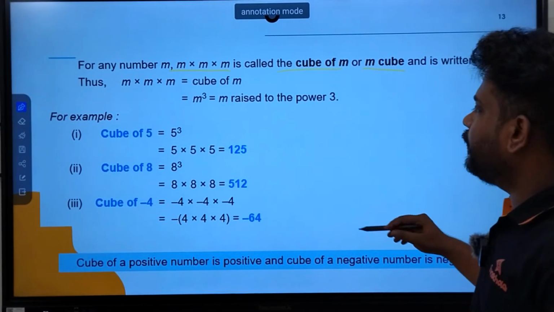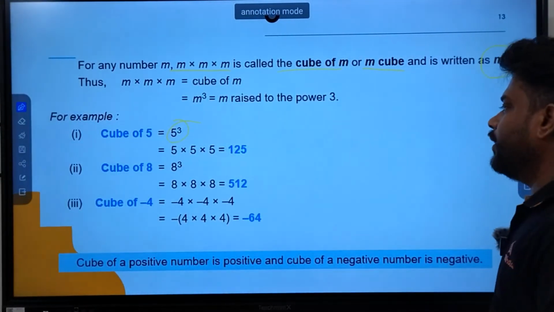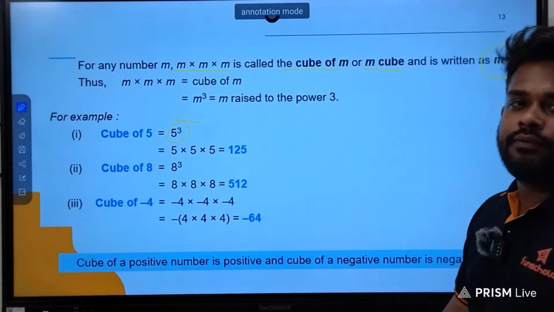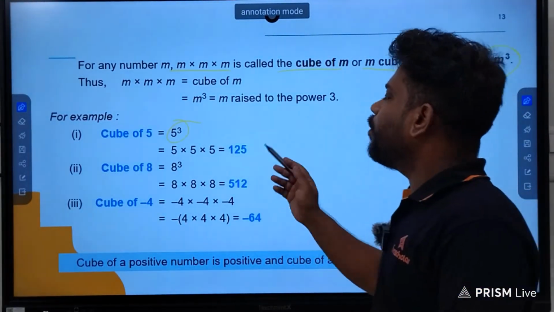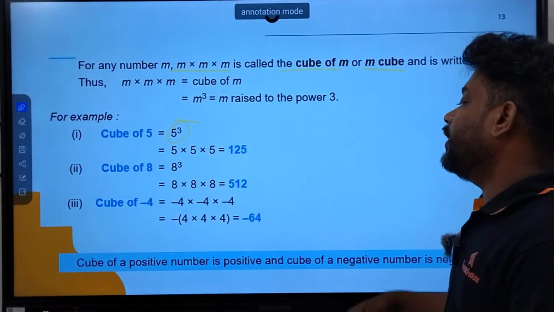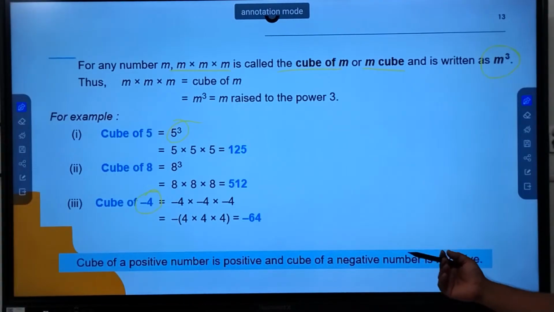So if you have to find how cubes are found, cube of 5 will be 5 to the power 3 and it will be written as 5 into 5 into 5. Cube of 8 will be 8 into 8 into 8. Cube of -4 will be -4 into -4 into -4.